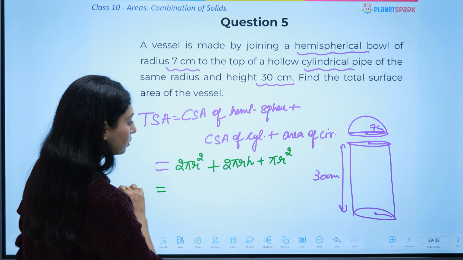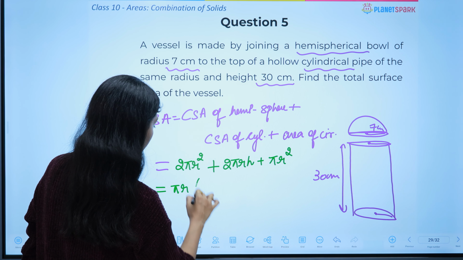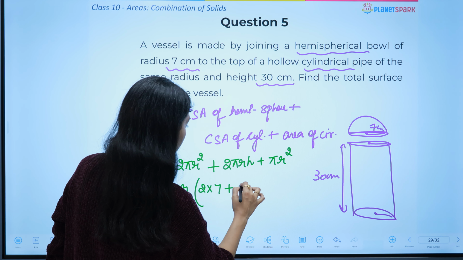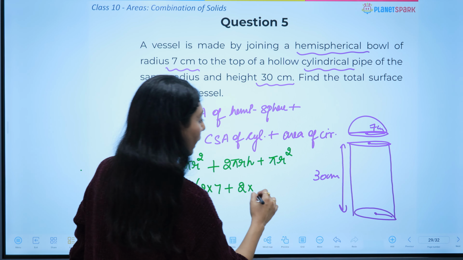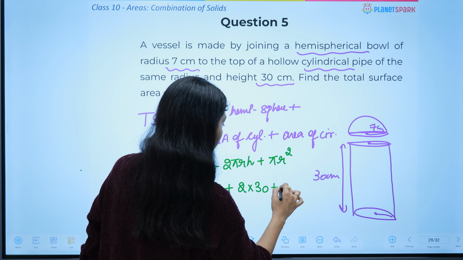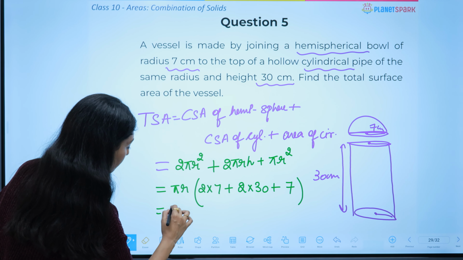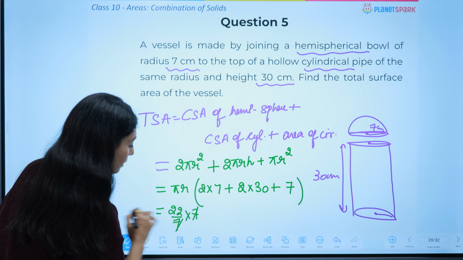So we can take pi r common directly. So let's take that and then put the values. 2 into the radius, that is 7, plus 2 into the height, that is 30, plus just the radius here, 7. Right, calculations become easy. 22 by 7 into the radius, that is 7, this gets cancelled out.